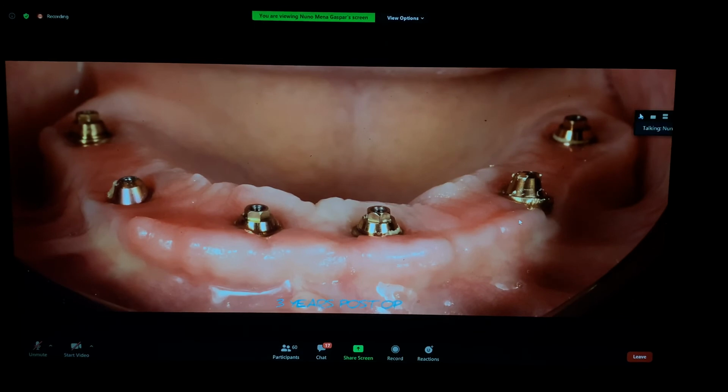You can graft if you want, okay? But the tissue height is not that important, because if you do it right, the tissue will be very stable. The bone level is more important.